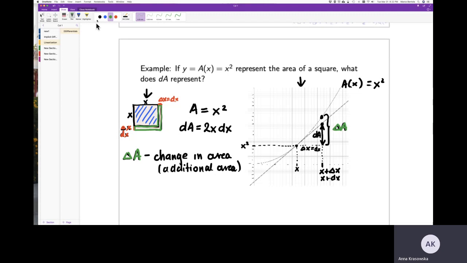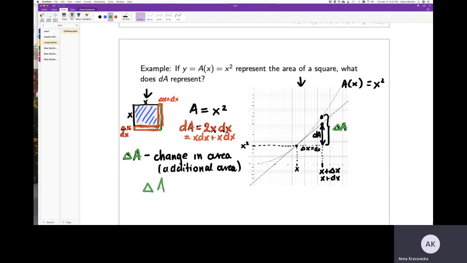Now, what is the differential? I will put the differential dA, which is 2x dx. Think of this as x dx plus another x dx. We will see it as two rectangles: the original x times dx is this rectangle, and again x times dx is this rectangle.